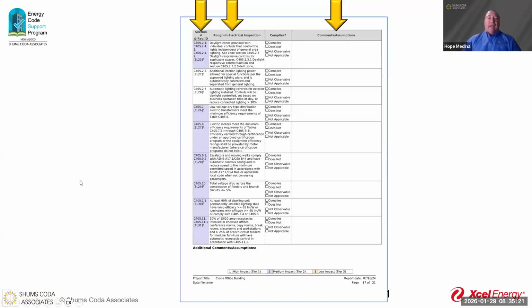Okay. Well, I'm going to answer that one because I've had that happen a time or two. I've been out in the field looking at the inspection checklist, and I have an automatic lighting control on the checklist that's not on the plans. With that, I take it to the contractor, make sure that we have those controls installed correctly, that we have the details for the installation of them, and that they're put in per the manufacturer's details.